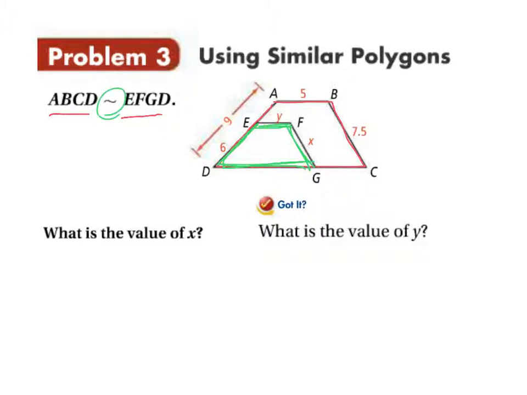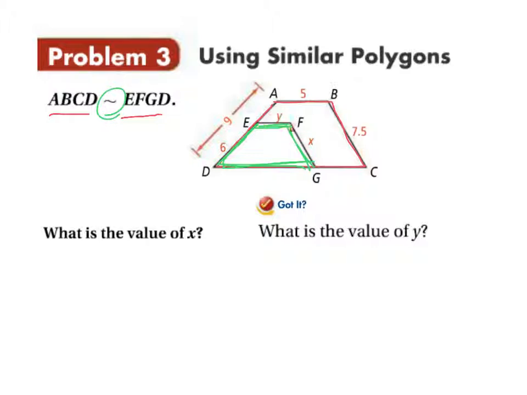So the question is, what's the value of x? Well, that's a side length. If I can figure out the scale factor, then I could go figure out what x is. The trick is to find a matching set from the two trapezoids where you know both measurements. For instance, I couldn't do it on this leg because I don't know this leg.